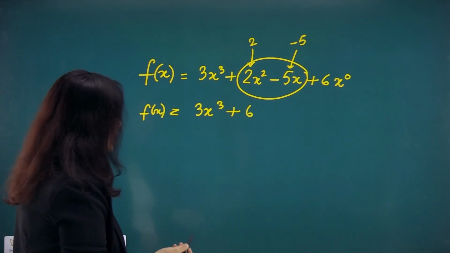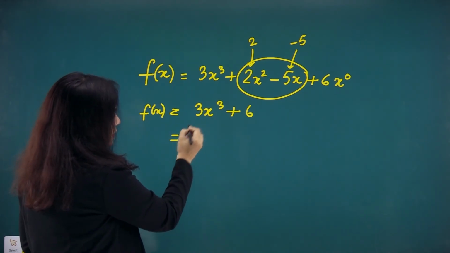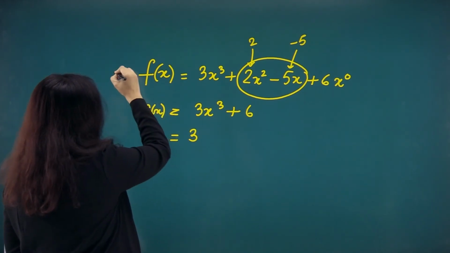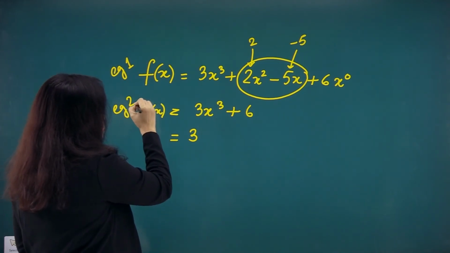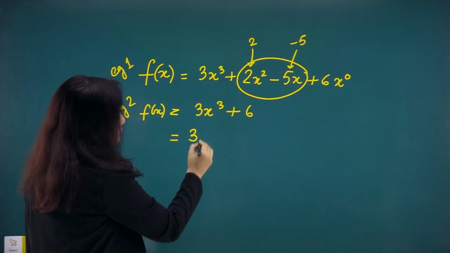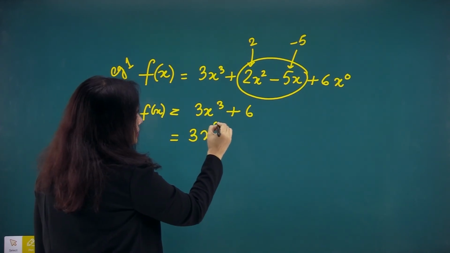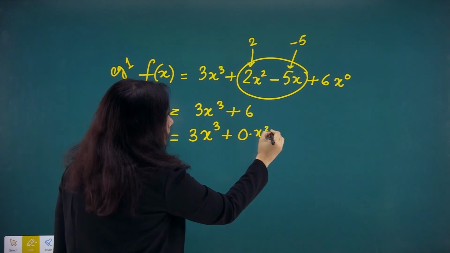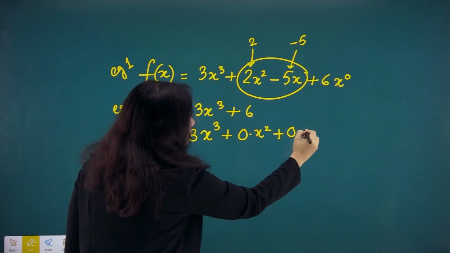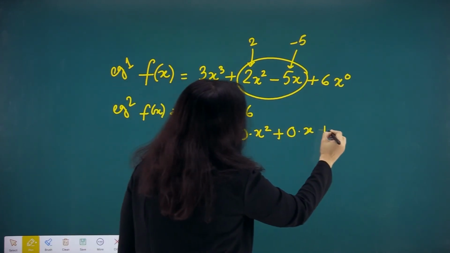But if I rewrite the second example, this is example 1, this is example 2, I may write it as 3x cube plus 0 into x square plus 0 into x plus 6.